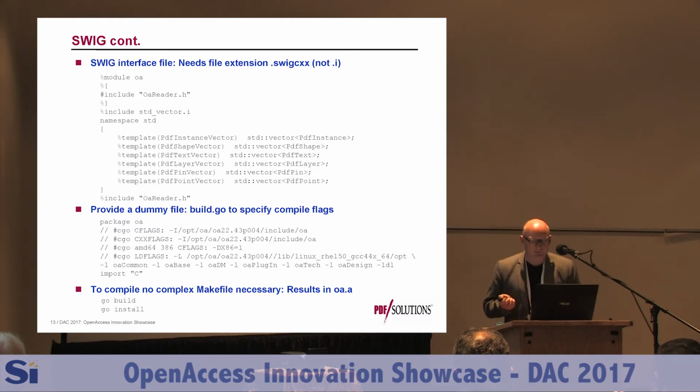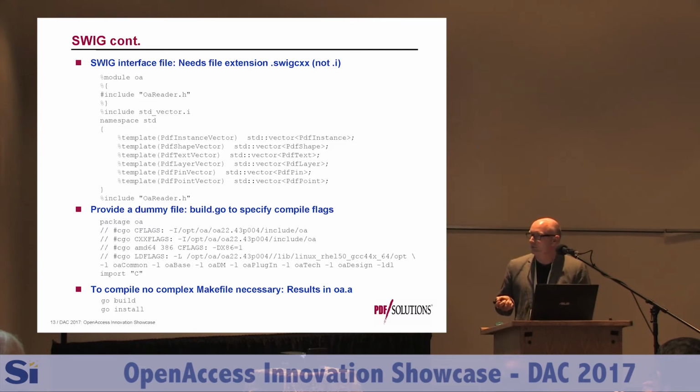Now, you typically have to write a really long makefile. I mean, literally that long. Luckily with Go, and it came a lot in the beginning with Go 1.1, I needed to write this makefile, and it was a pain. Luckily, we don't need that anymore, because Go is smart enough to write this on its own. The only thing we need to tell Go is, you build a dummy .go file, I call it build.go, where you specify with some cryptic syntax your C flags, CXX flags, and linker flags, so where your OpenAccess installation is and where the libraries you want to include are.